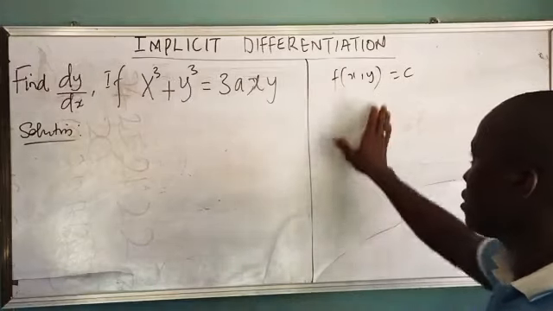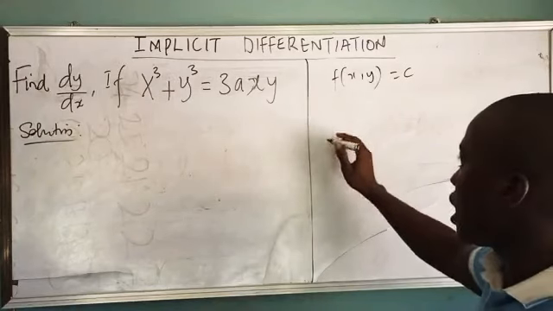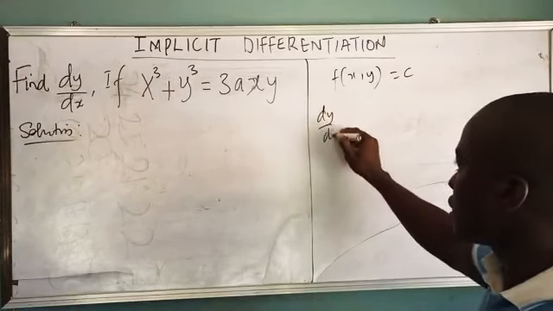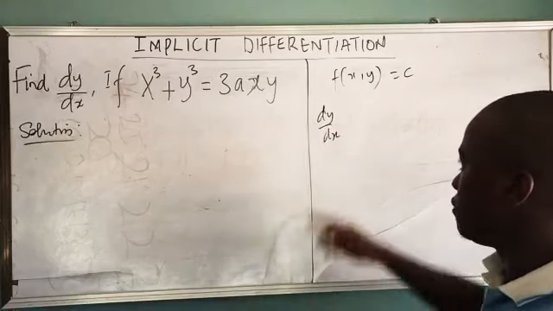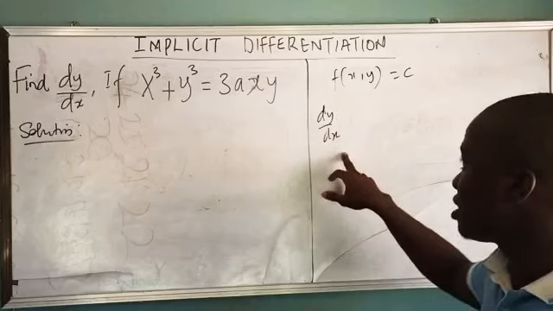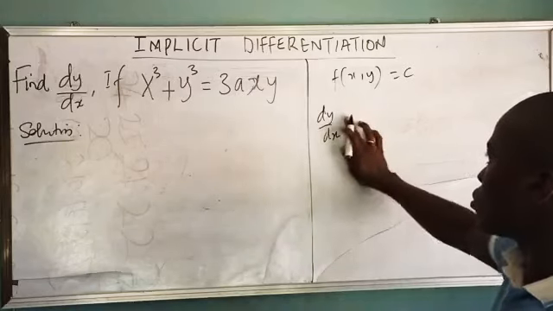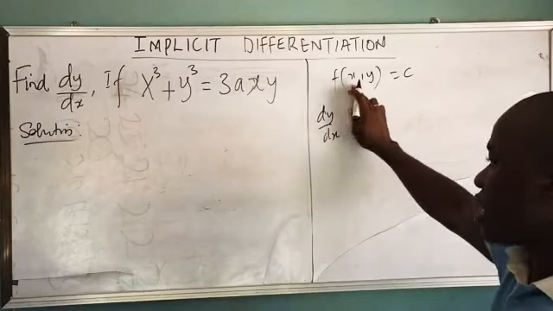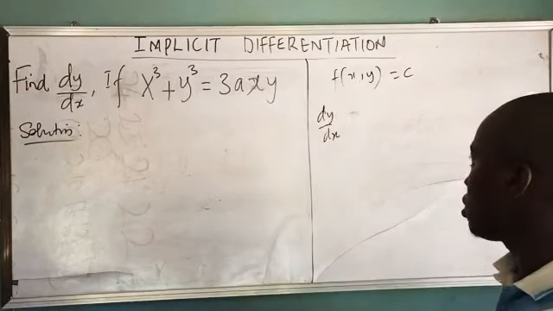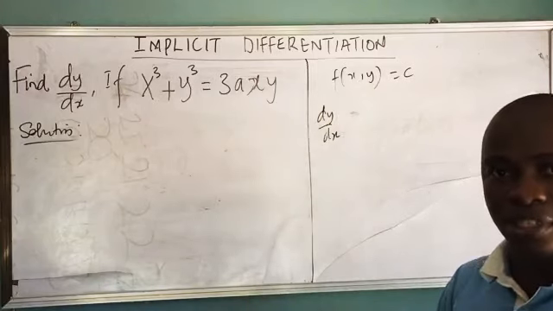If you are given this kind of question and they ask you to find dy/dx, that is, the derivative of y with respect to x, it means you differentiate x normally and you also differentiate y normally, but this one has a condition.